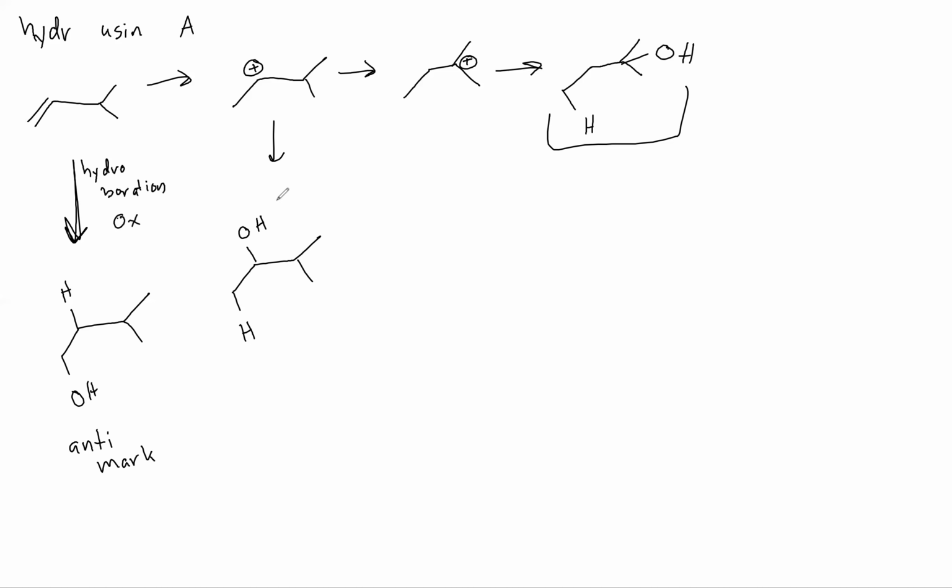And this one here, where we avoid rearrangements, will be oxymercuration demercuration. So hydroboration oxidation and oxymercuration demercuration are basically derivatives of hydration using an acid, where we want different products depending on what we want in the end.